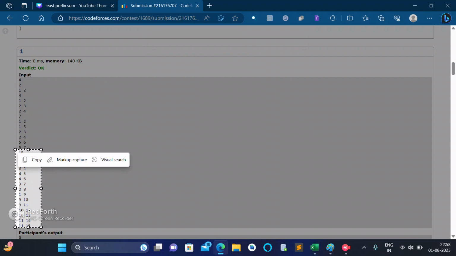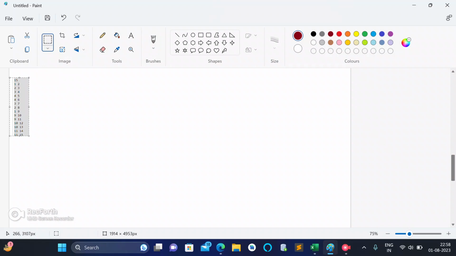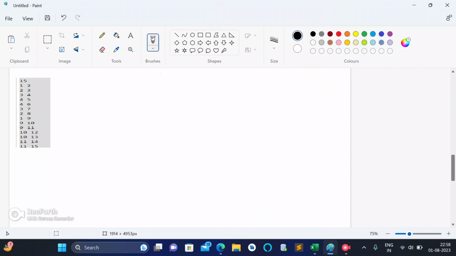Okay, let's take this example only, the last example. This is a good example. This example will help you understand how the question actually works.